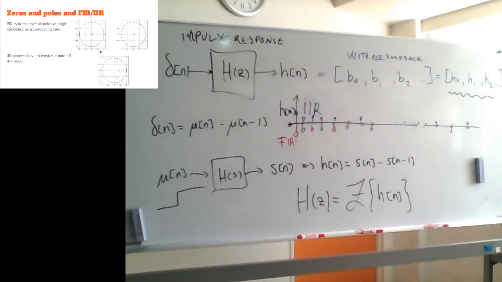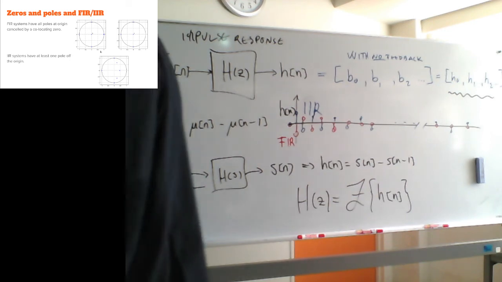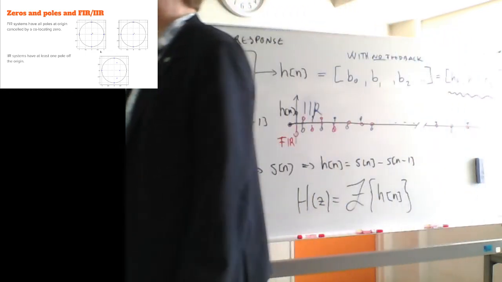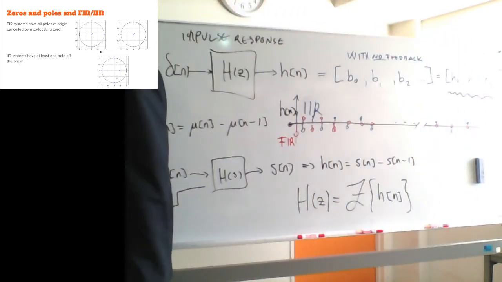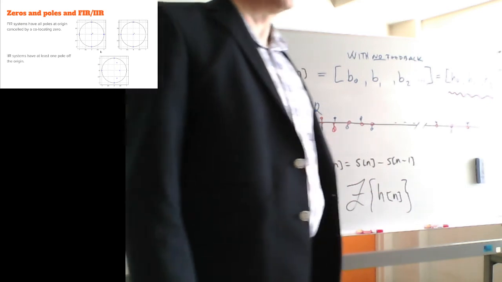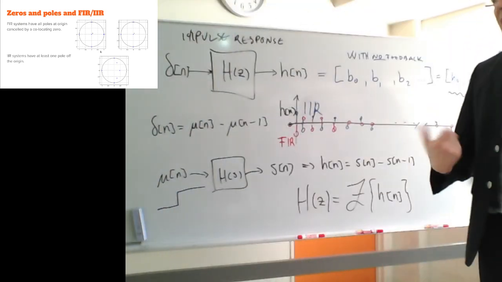So basically these cancel out. They don't affect the final result, so it's a finite impulse response system, because all the poles are at 0 or canceled out. The IIR systems always have at least one pole off the origin, preferably inside the unit circle, then it's also stable.